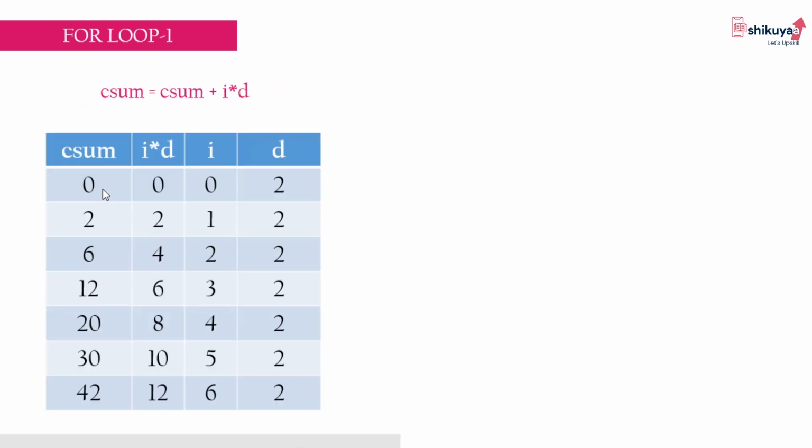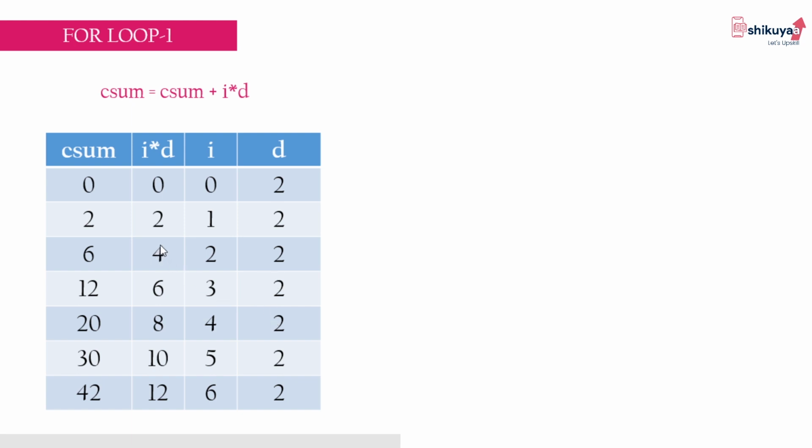Whenever the C sum was 0, I was 0 and D was 2, the C sum was 0. Next, when I has become 1, D is 2, so I into D becomes 2, and the sum of the first two numbers becomes 2.